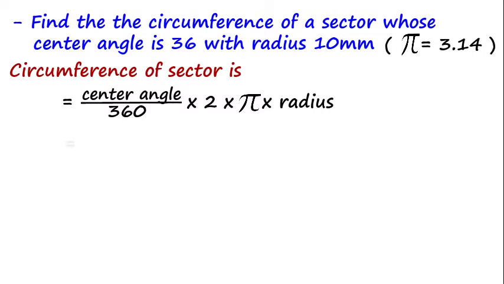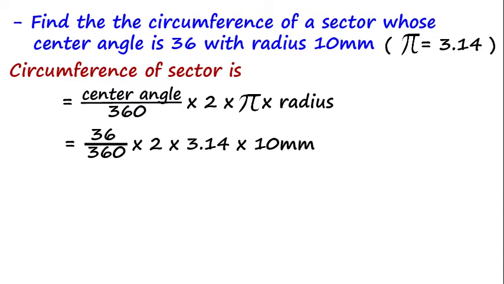And the center angle is 36 degrees out of 360 degrees times 2 times pi, which is 3.14, times 10 millimeters. And this gives us 6.28 millimeters.